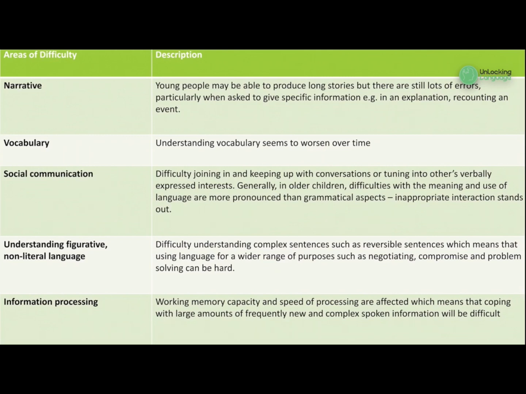So the inappropriate interactions really stand out, and these can be indicated by different forms of a person's ability to communicate with others. For example, eye contact or inappropriate comments to another, or not greeting someone in the correct or appropriate manner.